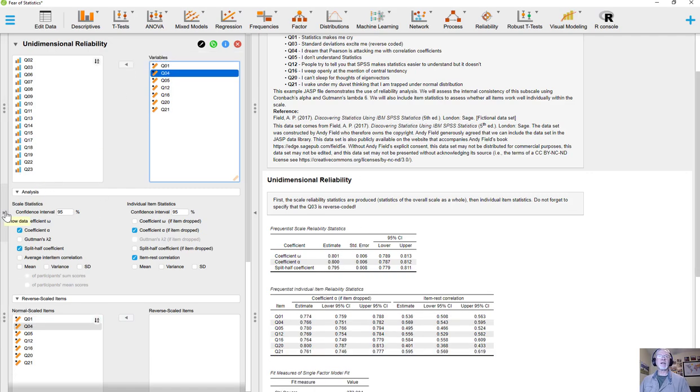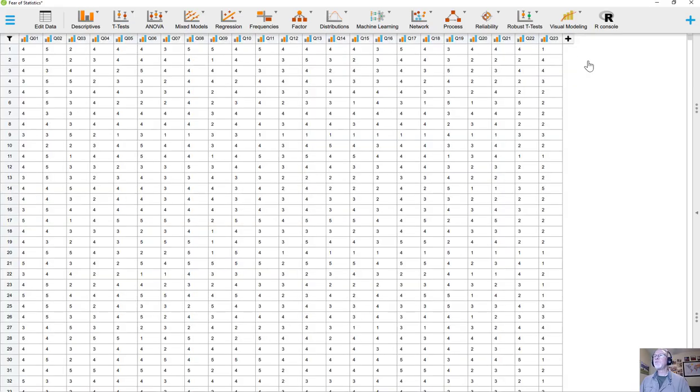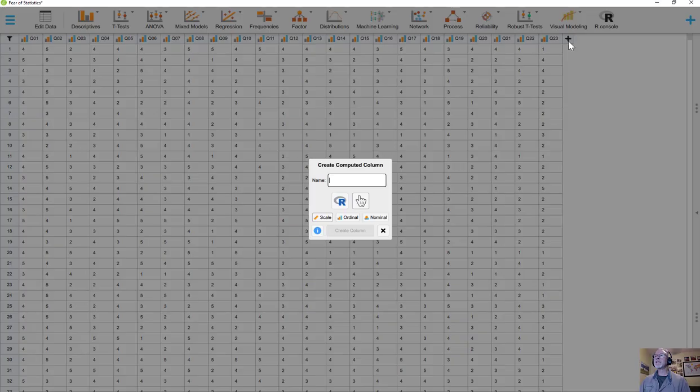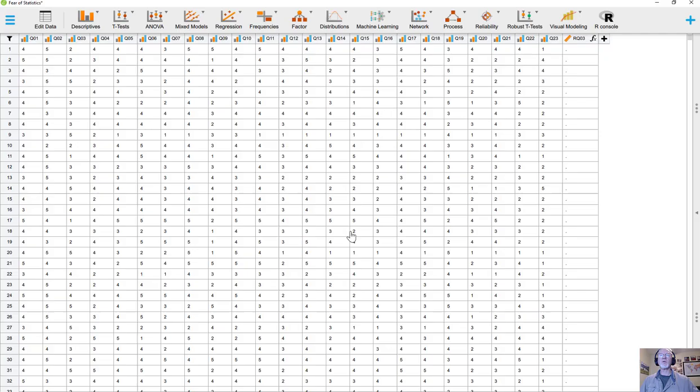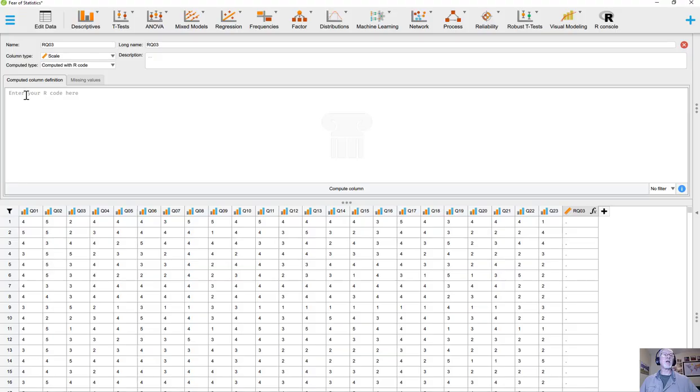The way that I would do that is I'd go over to my data, click plus to get a new variable, and I'm going to call it RQ03 for recoded.